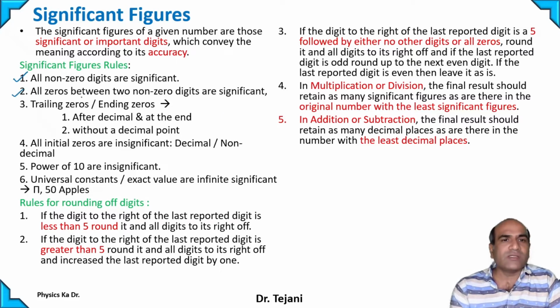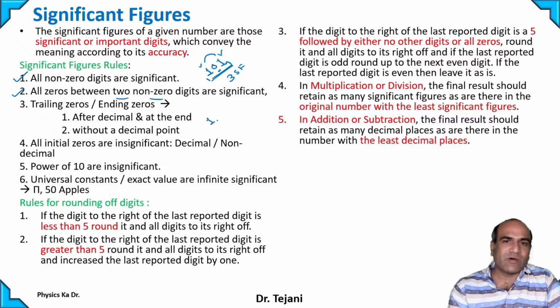So rule number 1 is very easy. Second is all zeros between two non-zero digits. That means the zero is trapped. Say for example, 101, room number 101. The 0 is trapped in between, so 1 is significant, non-zero, non-zero, it is trapped. That means the significant digits are 3.